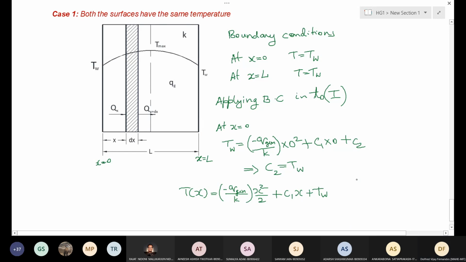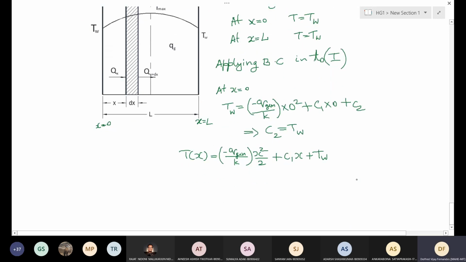Okay. Apply another boundary condition, that is x equal to L. At x equal to L, what is the temperature there? Same, T wall, minus Q generation by K into, what will happen here? Anybody? At least one. I want to know that you are participating in the class. Okay, that's okay. Sanyam? Yes, sir.